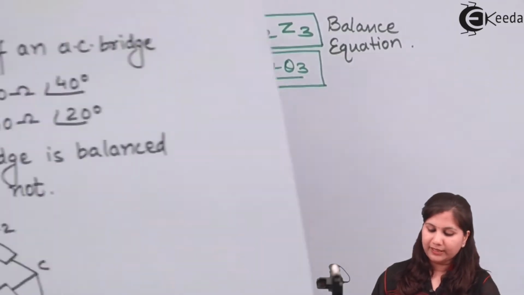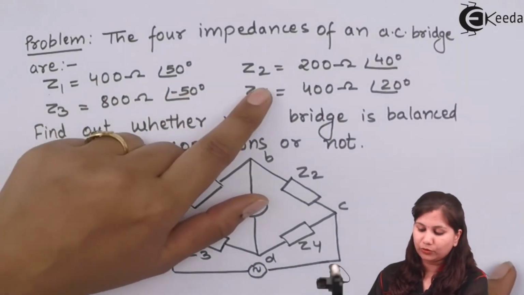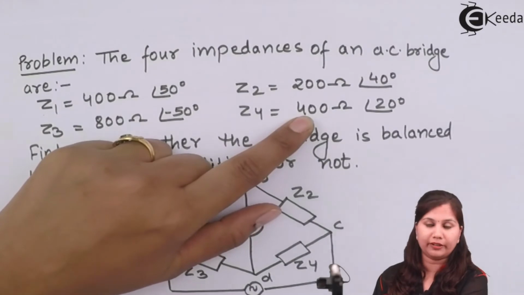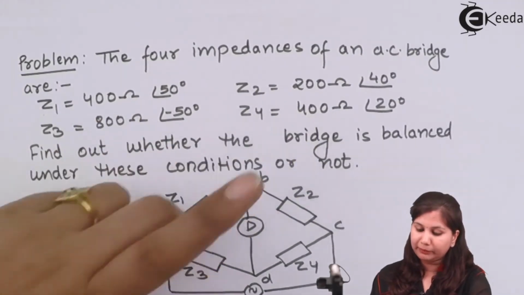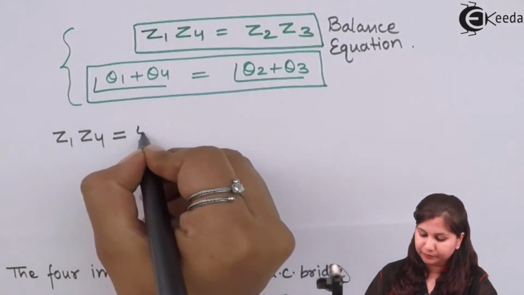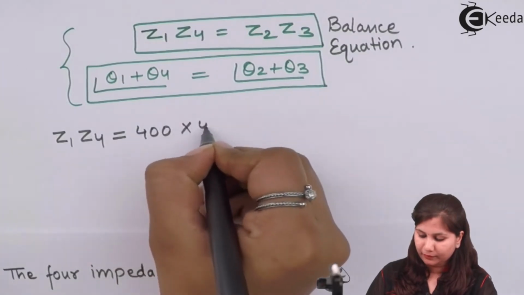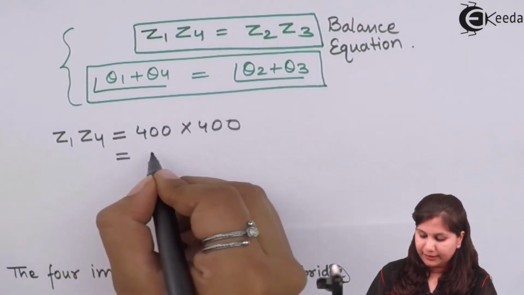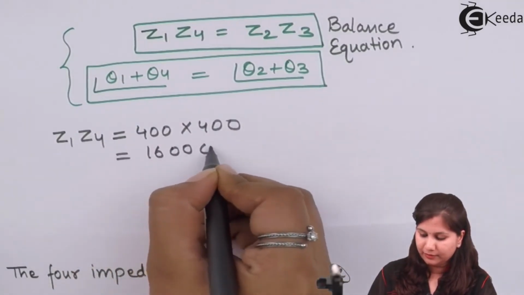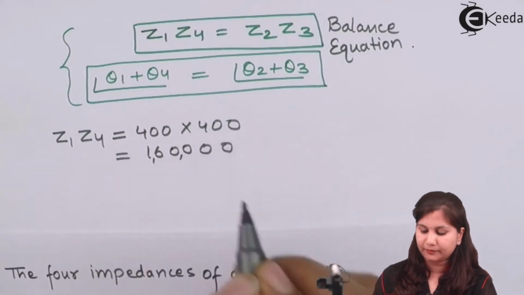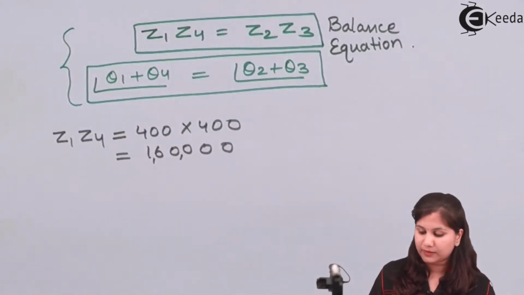Z1 is given to us as 400 ohms and Z4 is given as 400 ohms. So 400 multiplied by 400 will be 1,60,000 ohms.